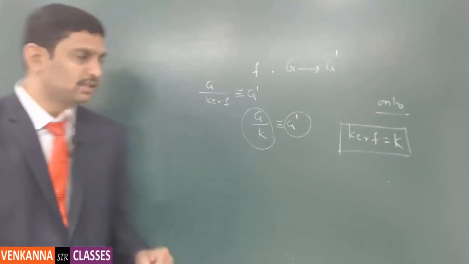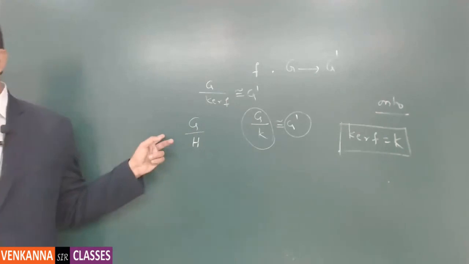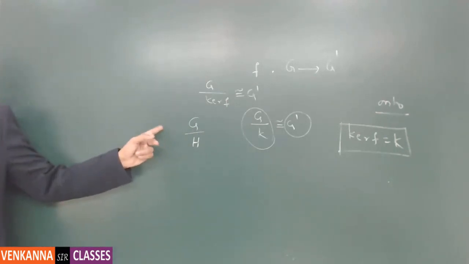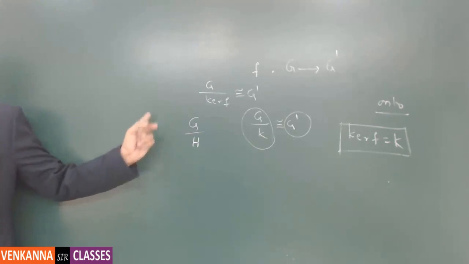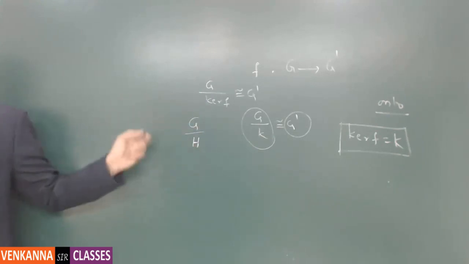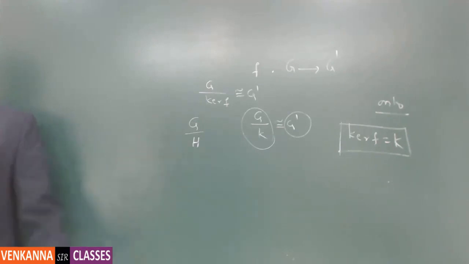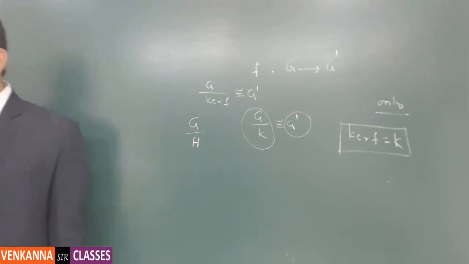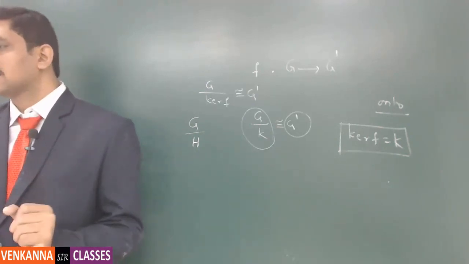I will give a hint. If you write like this, we call it by a name. What is the name of this type of set? We call it as? Can you recollect?